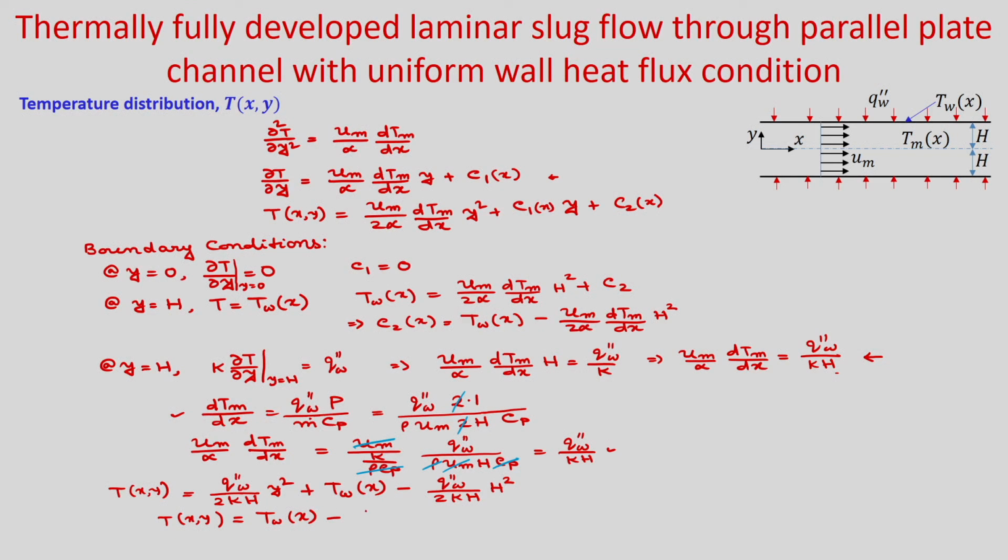You can write q double prime w into h by 2 k, I am taking this common, so you will get 1 minus y square by h square. So this is the temperature distribution.